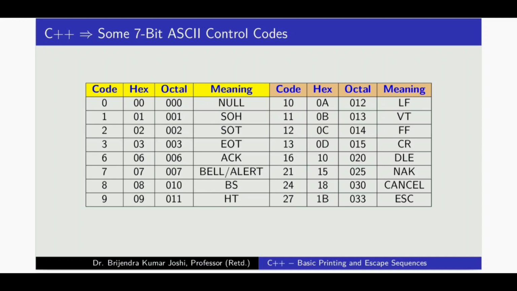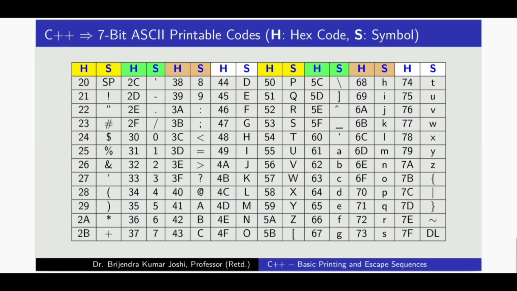Now here is a table of printable ASCII codes. It means ASCII values greater than or equal to 32 and less than or equal to 127. Now you can see here space has a hexadecimal code of 20, which is 32 in decimal. To save space, I have not given their octal equivalent. Here, decimal digit 0 has a code 30, which is 48 decimal.